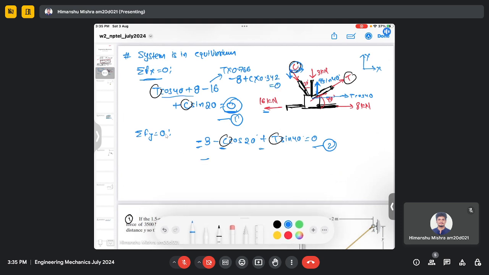And equation 2 will be simplified as minus 3 minus C multiply 0.93 plus T multiply 0.642 equal to 0.